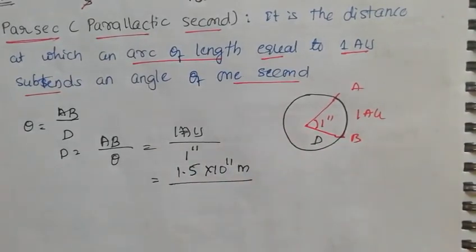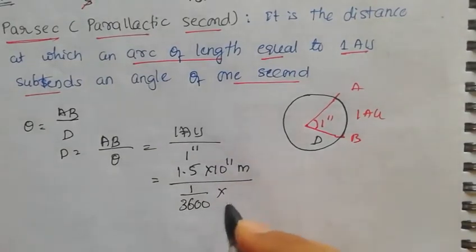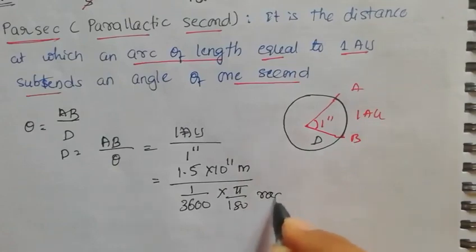I need to convert this 1 second. 1 second is equal to 1 by 3600 into pi by 180 radian.